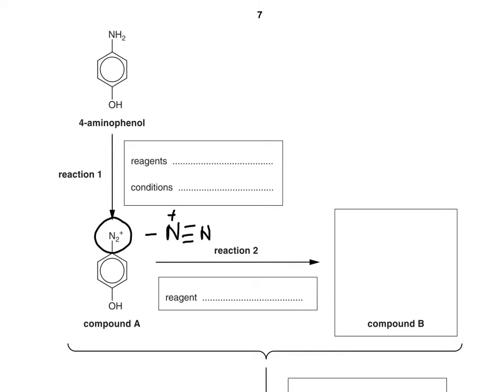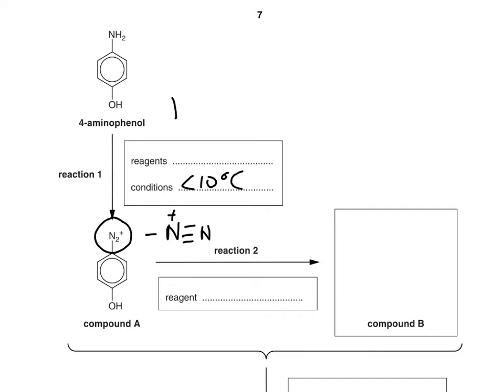Okay, so to get from there to there, it needs to be less than 10 degrees. You may remember faffing around with ice baths. And there's two answers you can give.